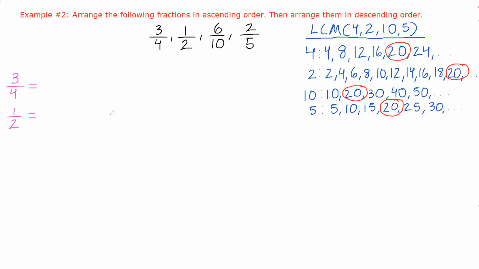Jasmine Moss. What times 4 gives me 20? 5. Whatever I do to the bottom, I must do to the top. Very good.